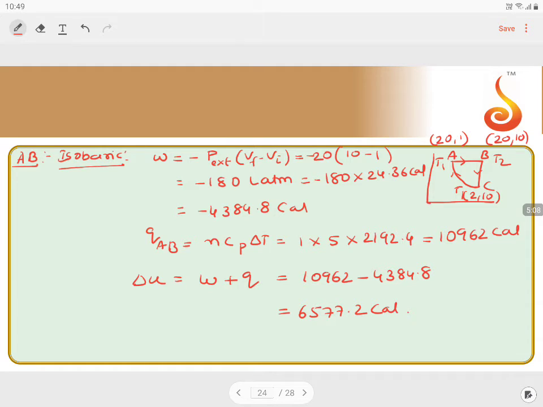So this is all about the process AB, where an isobaric process is taking place.